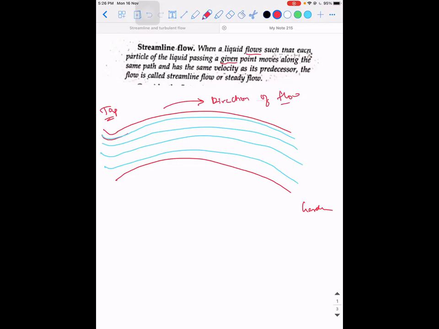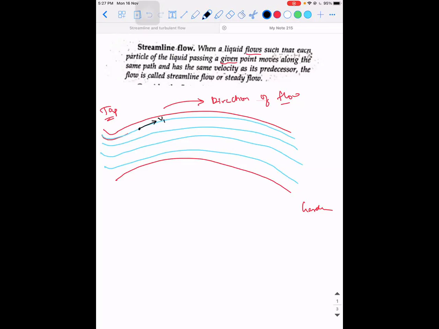Now comes the next question. How do you measure the velocity at every point? Remember, throughout science, wherever you need to measure the velocity at a particular point, you need to draw a tangent, and the tangent should be drawn in the direction of flow. When you draw it, that will give you the velocity of the particle at that location.